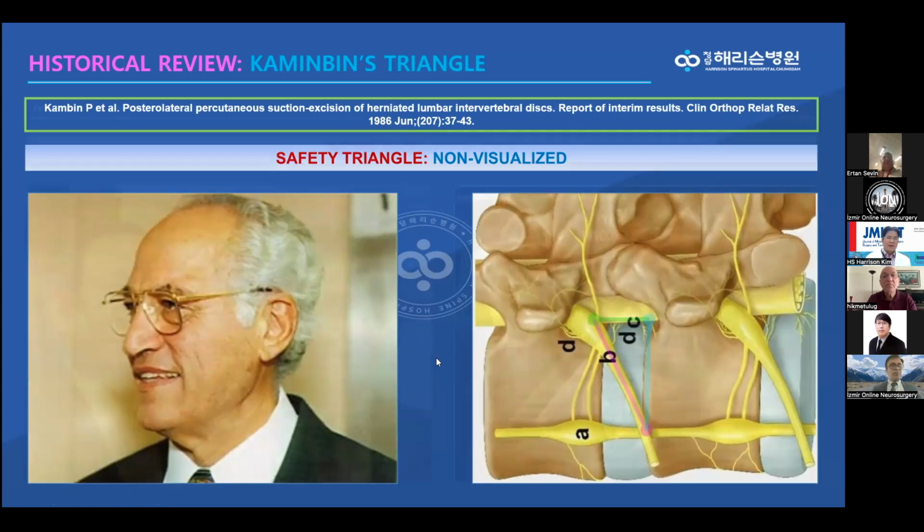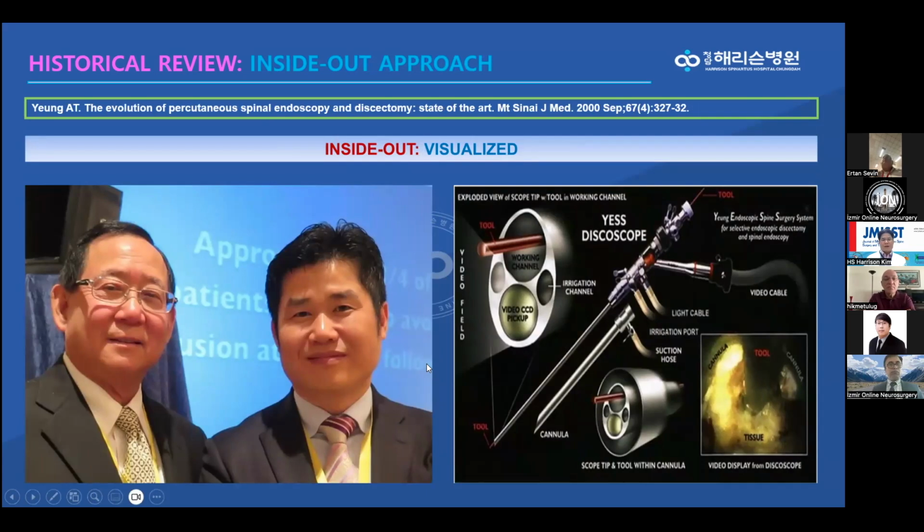But we know that the legendary Anthony Yeung first introduced the visualized inside-out technique, and his innovative technique gave new life to patients with degenerative spinal disease, especially lumbar disc pathology, and I always respect his great work.